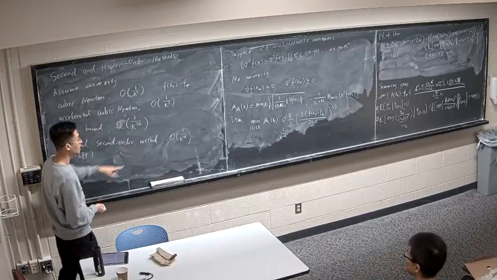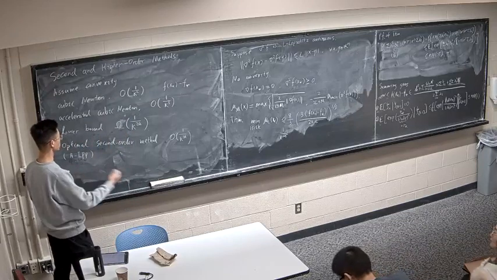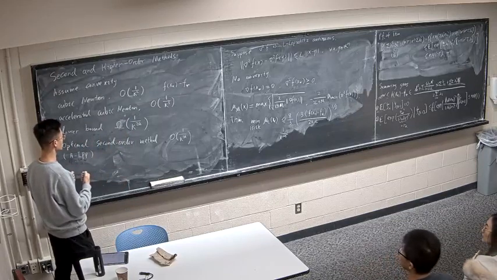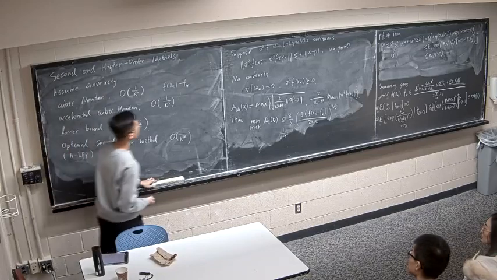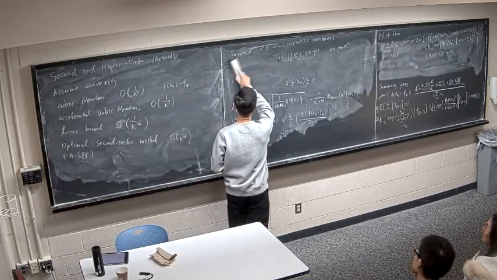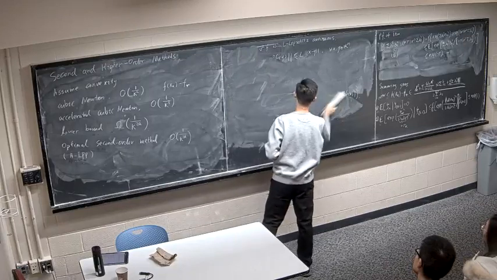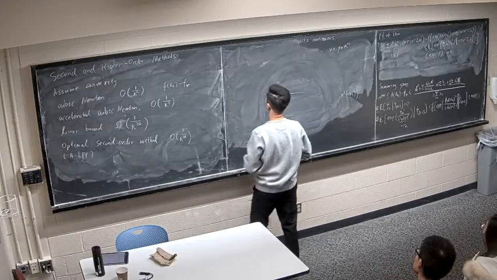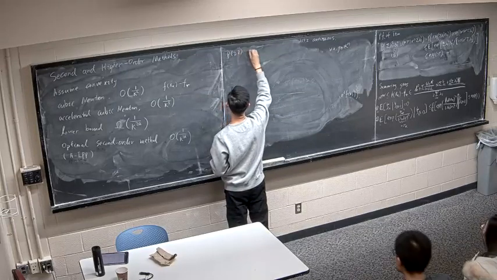gives you this bound. And in higher order methods, when we have more access to the function oracles, for example, you can have third order derivative, fourth order derivative, right? In that case, suppose you have the information up to the p-th order, for p greater than or equal to 2.